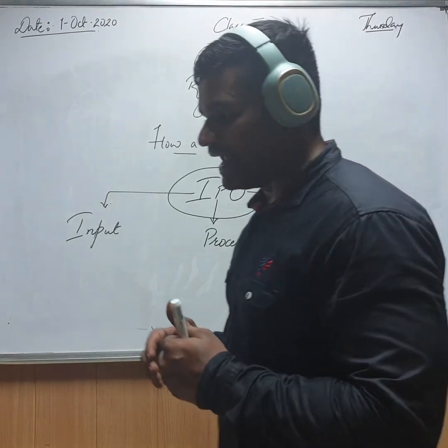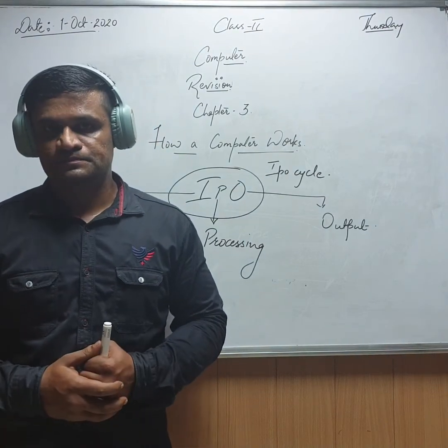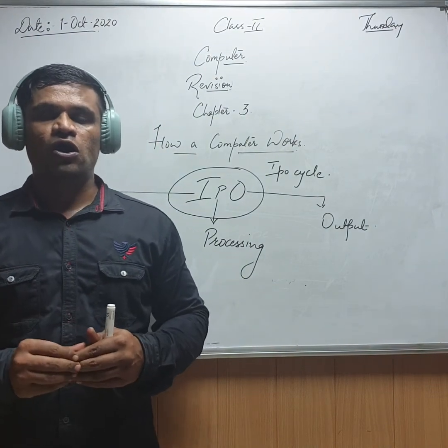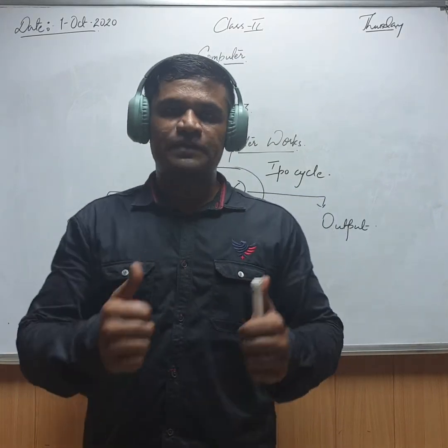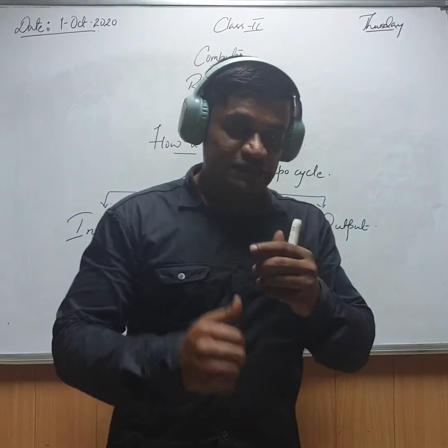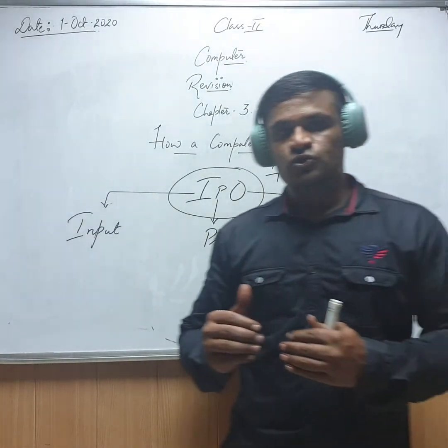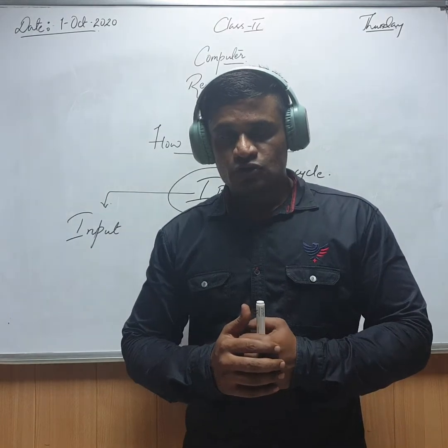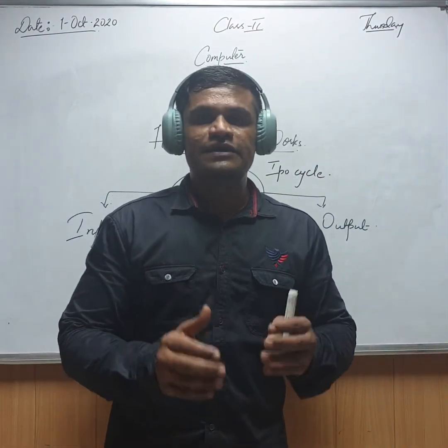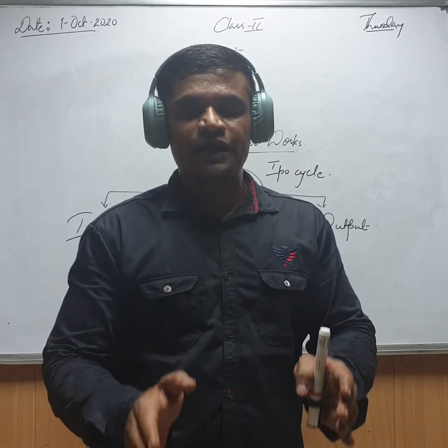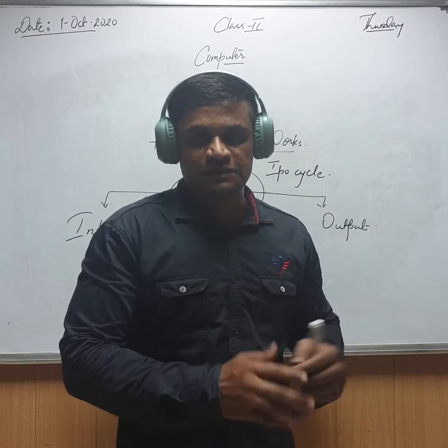For performing any action, the computer requires data or an input. That input can be data, an instruction, or a command given by the user, which helps to do that work. In basic language, the computer requires input to perform any task.